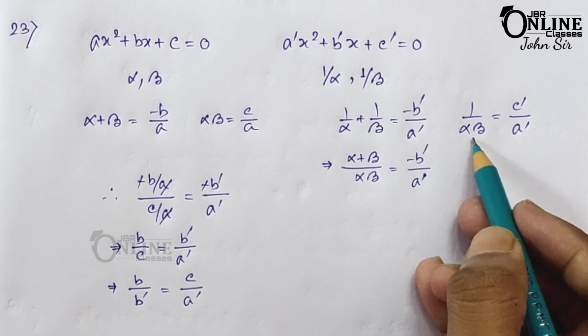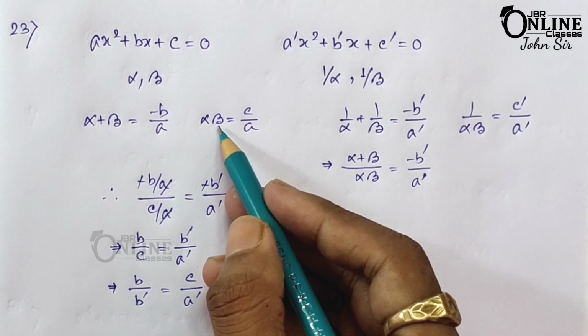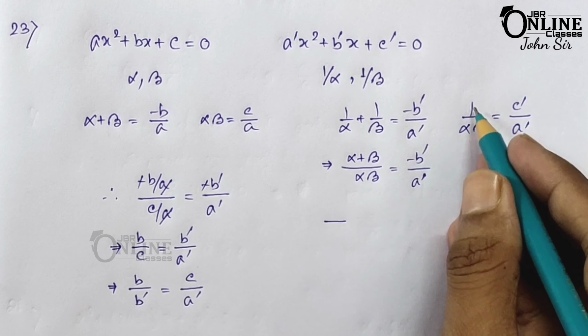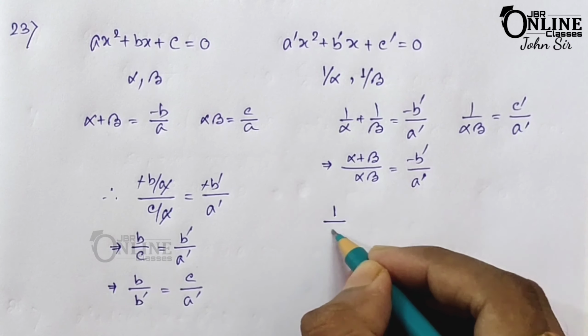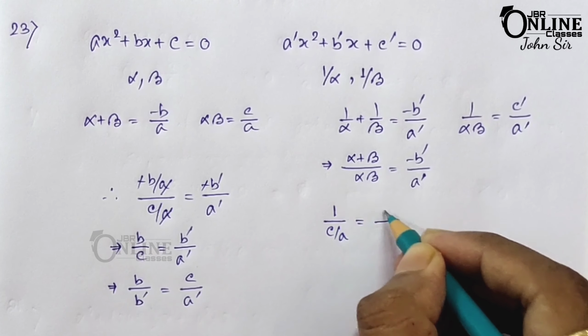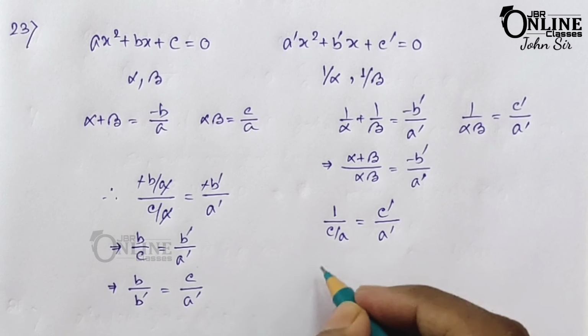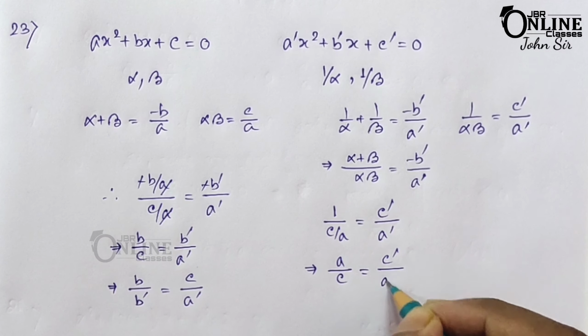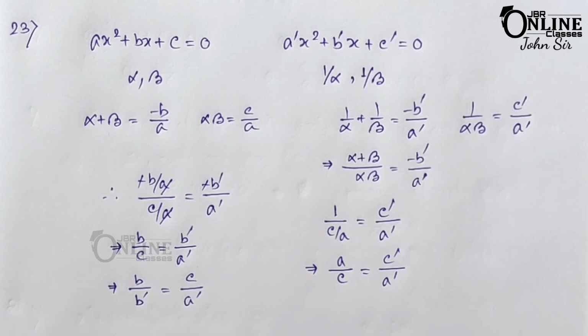Now here 1 by alpha beta, alpha beta equal to c by a. So just put down the value in this equation, 1 by alpha beta, so it will be 1 by c by a, that equal to c dash by a dash. So here a by c, that equal to c dash by a dash. Now in the left hand side you have b by b dash, that equal to c by a dash.